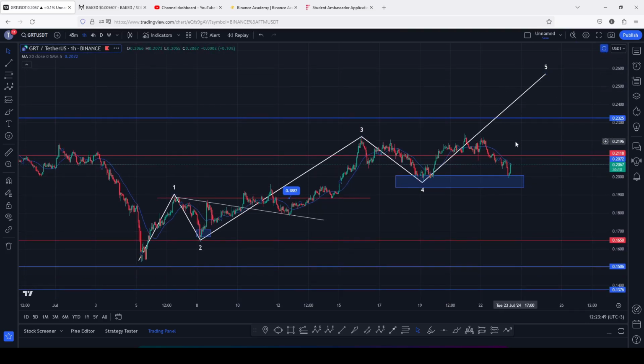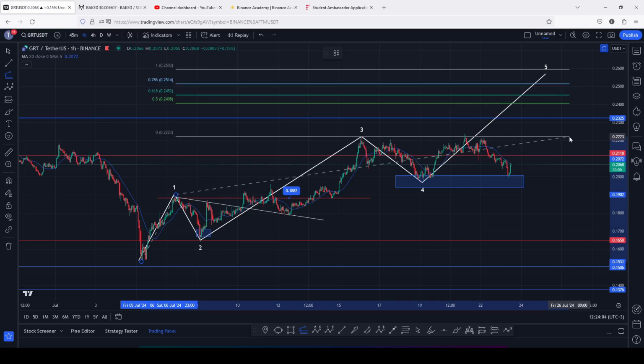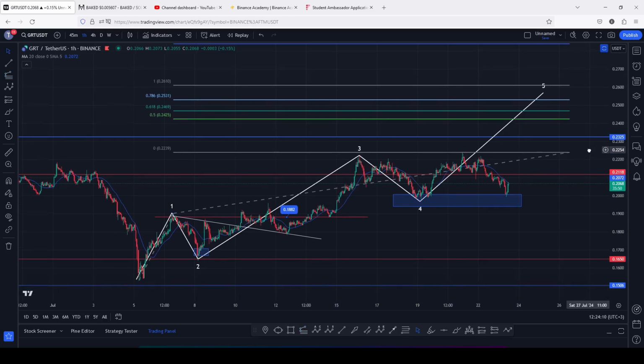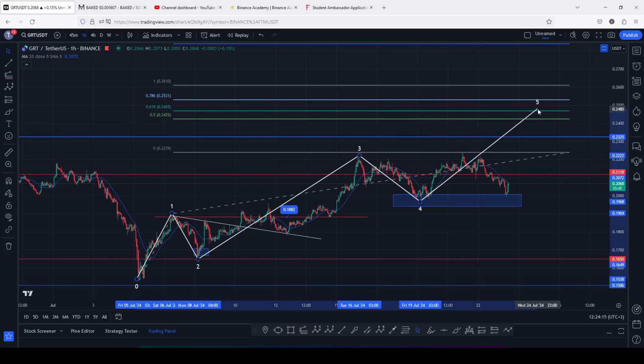5. And the minimum target areas for that Elliott wave count 5 can be given by connecting the trend-based Fibonacci from the low of the first wave to the high of that Elliott wave count 1, then dragging the fibs to the high of that Elliott wave count 3, giving me a minimum target area at the Fib level 0.618 as the first target area, which perfectly lies above the 0.2469.